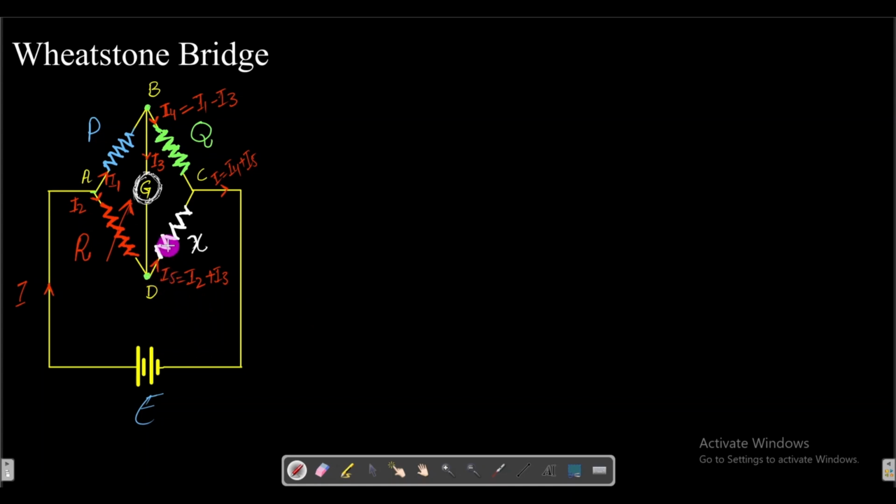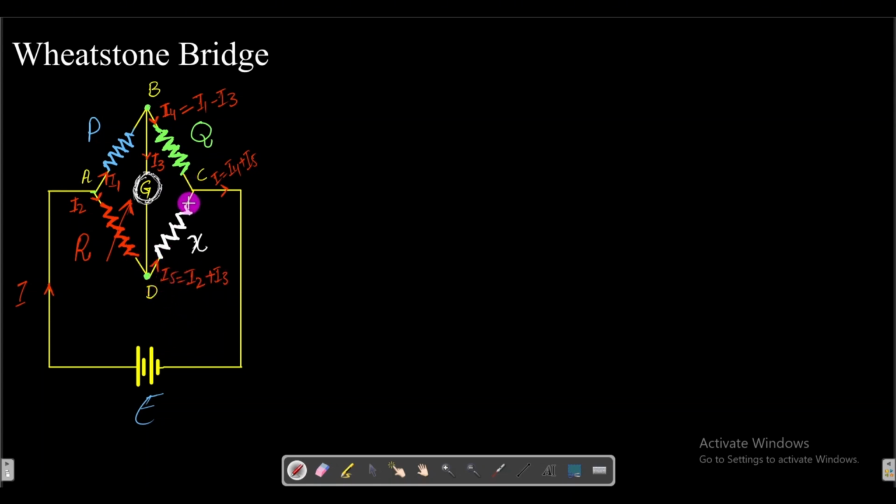The current I5 will move and pass through this resistor. So this I5 is equal to I2 plus I3. This comes from Kirchhoff's current law.